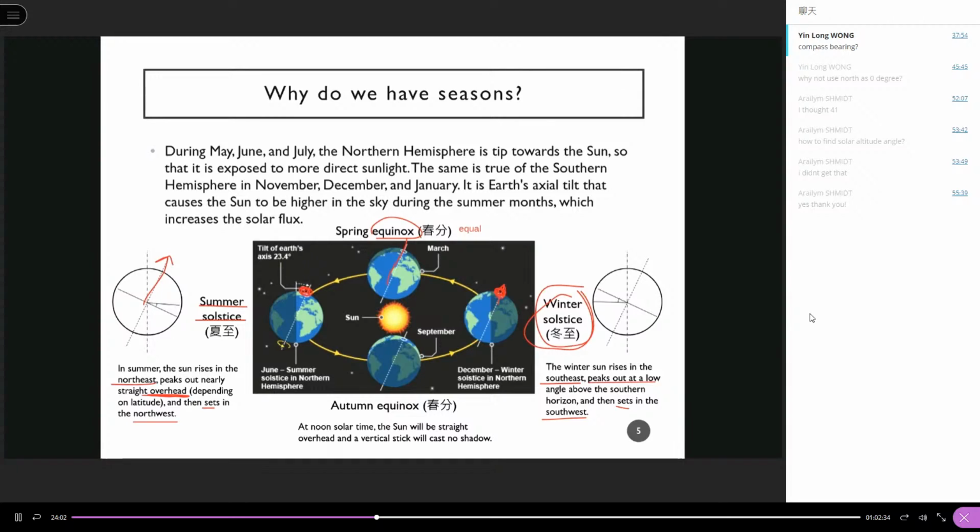At noon solar time, the sun will be straight ahead and the vertical stick casts no shadow. And this is only for the equator.